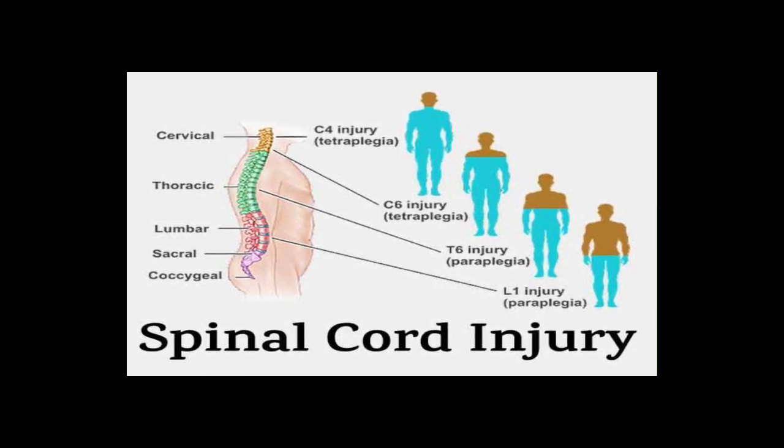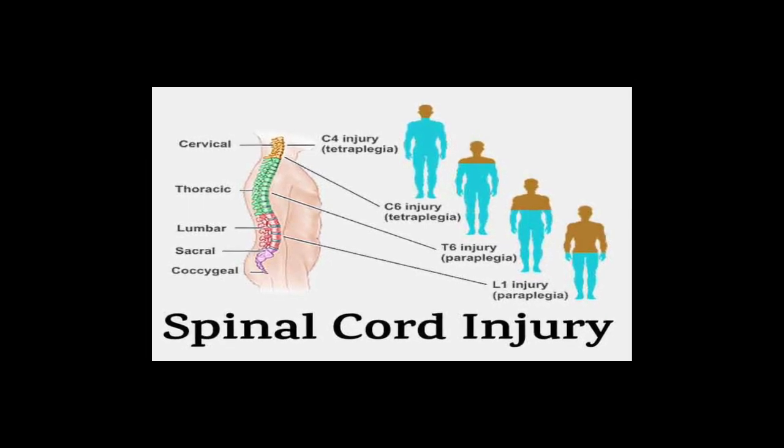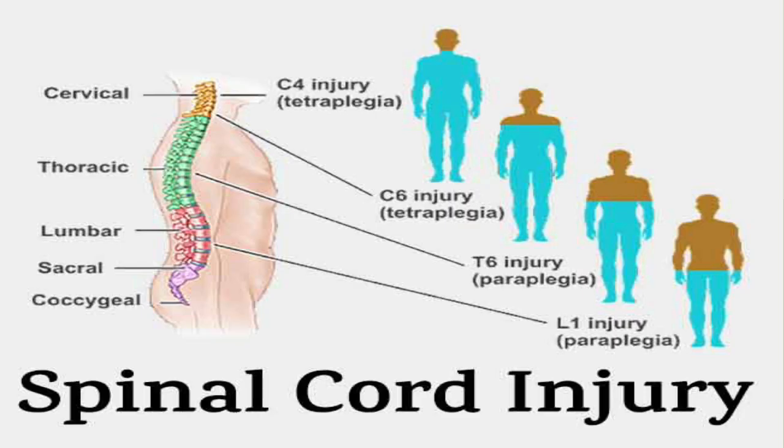So the blue color is actually referring to the area that is affected by spinal cord injury. So that's the area that suffers. While the gold color, the upper part, is actually the area that is spared. So the spinal cord injury is at the level between the blue and the gold color. That's where you have the spinal cord injury illustrated in that diagram.